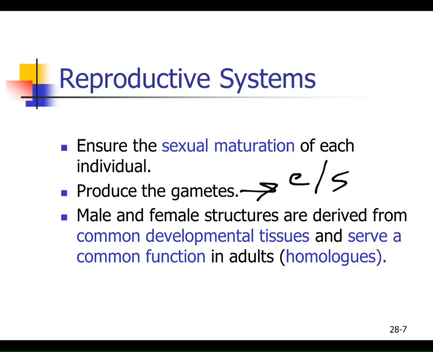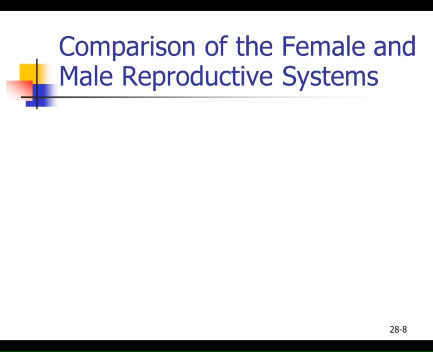So both the male and the female tissues come from the same chunk of cells within the embryo. So we're going to say that the male and female systems have homologous structures, or homologs, and they are developmentally equivalent, or at least come from the same place.